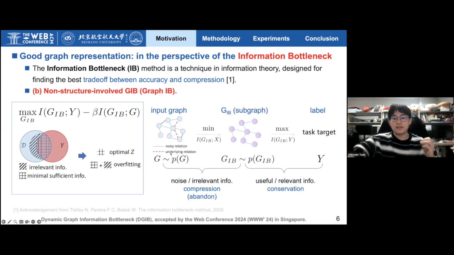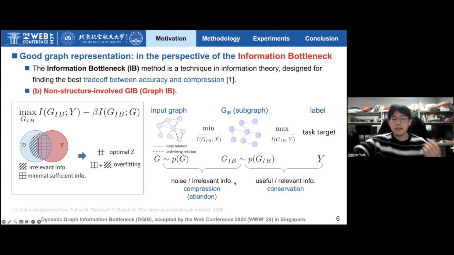However, it is difficult to calculate the mutual information directly because of the non-Euclidean feature of graph data. It's really hard to directly compute it between the graph structure data and the vector embedding. Therefore, this method usually transforms the graphs into embeddings and uses the vanilla IB to calculate the mutual information between vectors, so that this optimization goal can be tractable and feasible in the gradient backpropagation process.